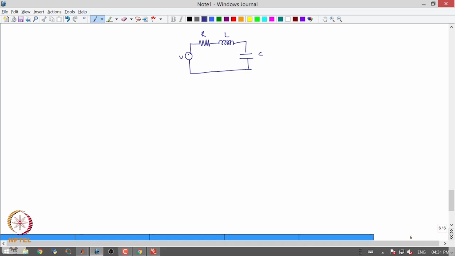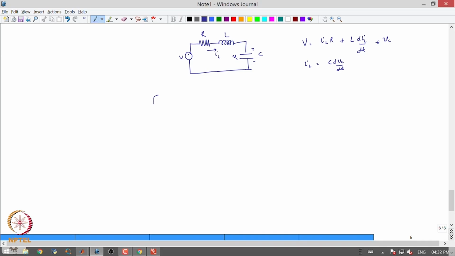So, the dynamics of this would be as follows. Let me call this current IL, and the voltage across the capacitor Vc. So, V is equal to R IL plus L dIL by dt plus Vc, and Vc is simply C dVc by dt.